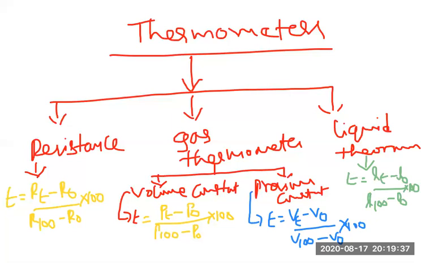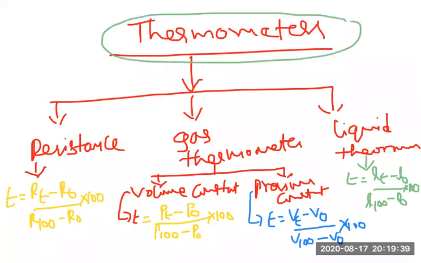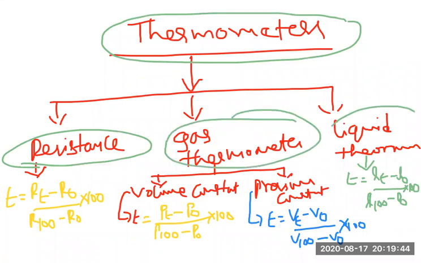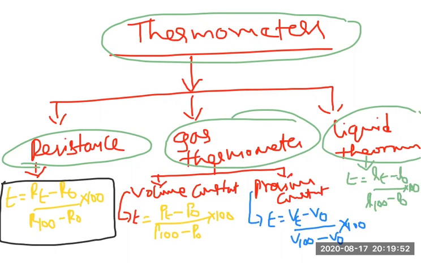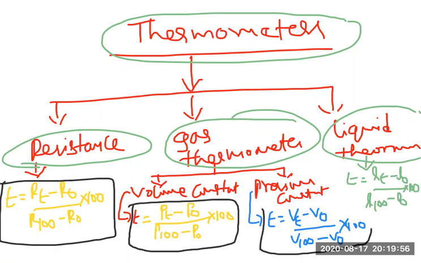So what do we mean by thermometers? Resistance thermometer, gas thermometer, liquid thermometer. These are the three main thermometers we will be using in objective problems. Only these three are used in objectives as far as our syllabus is concerned. There are other thermometers also, but these are mainly what we use from the objective point of view.